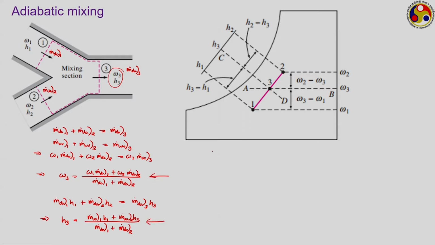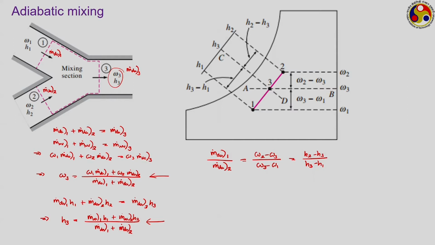If we write m dot dry air for 1 divided by m dot dry air for 2, you will find it comes as omega 2 minus omega 3 by omega 3 minus omega 1, and from the energy balance it can be written as H 2 minus H 3 by H 3 minus H 1. This is just simple manipulation of the two expressions that we have just developed. From there we can easily obtain this particular expression.